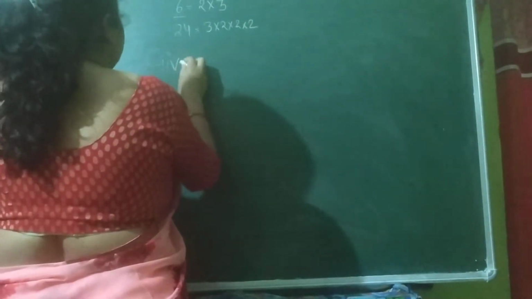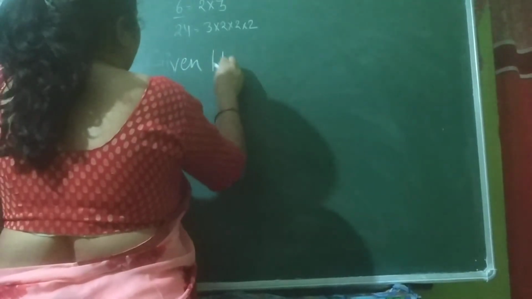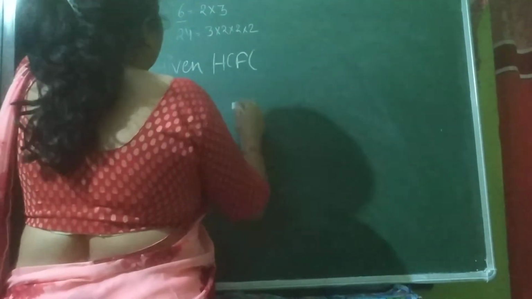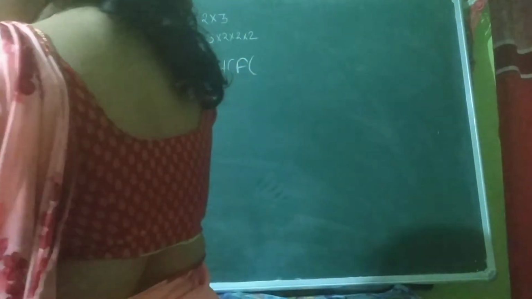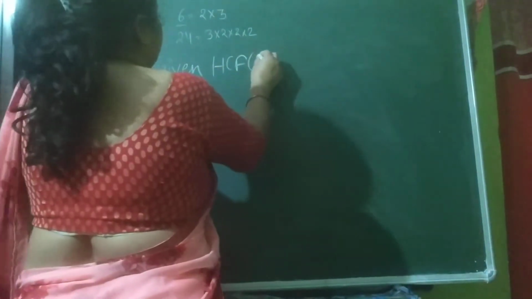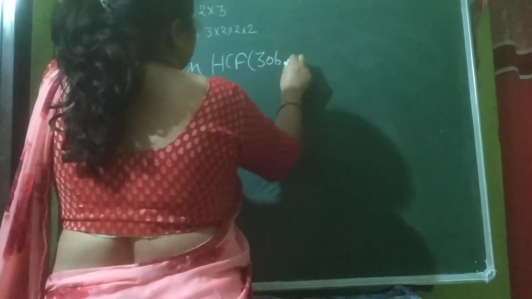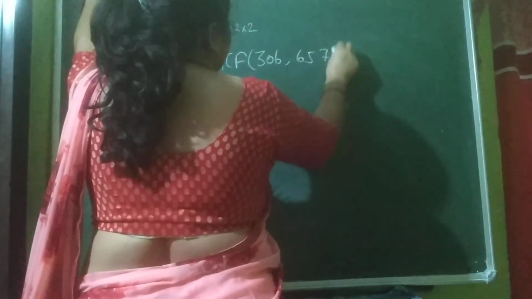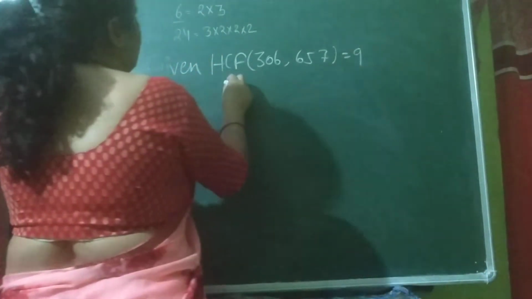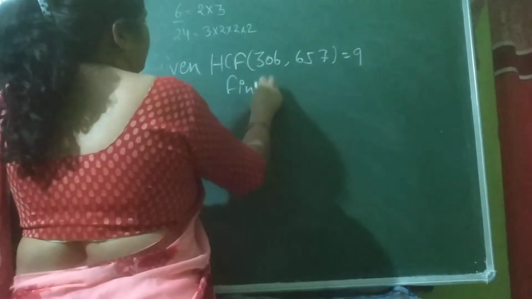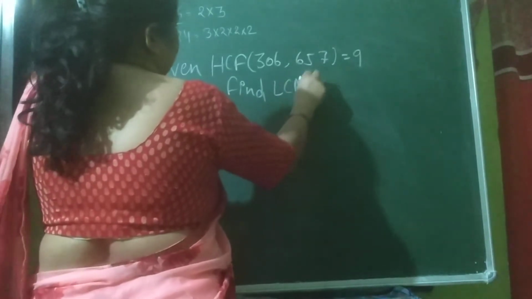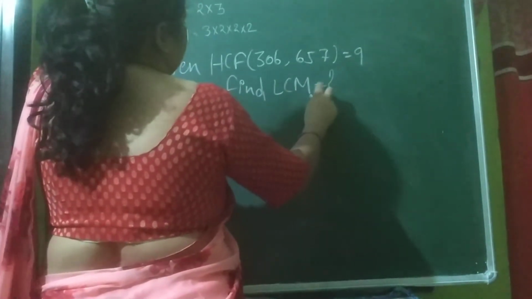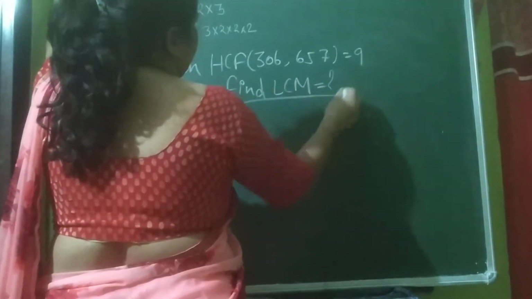In question number 4 they are saying: given HCF of 306 and 657 is equal to 9, find LCM. So how will you find it?